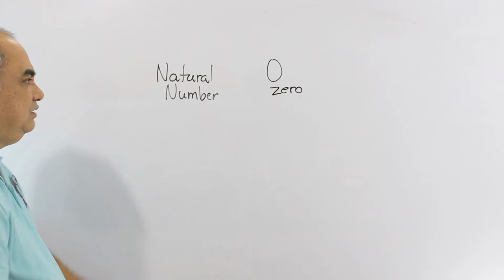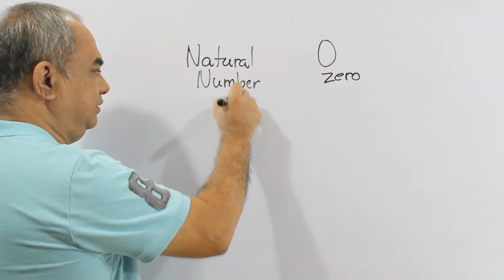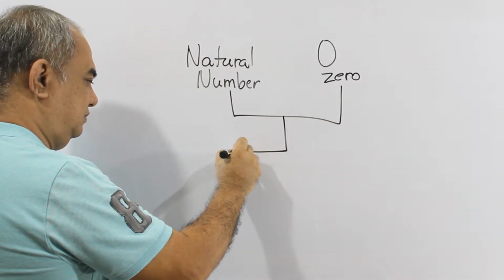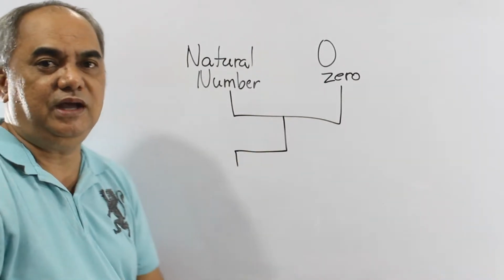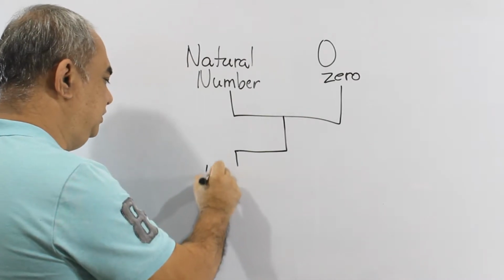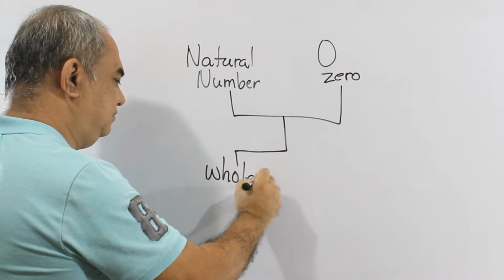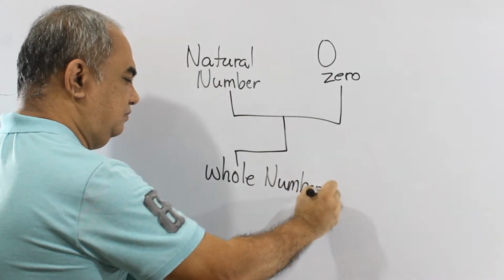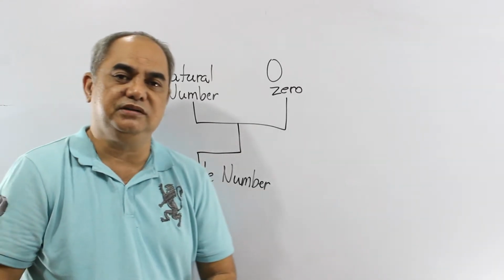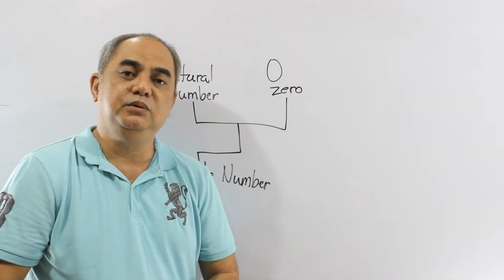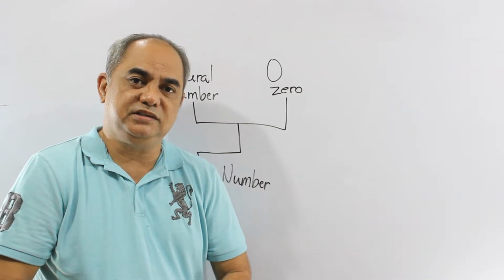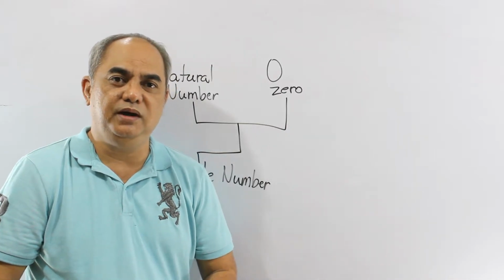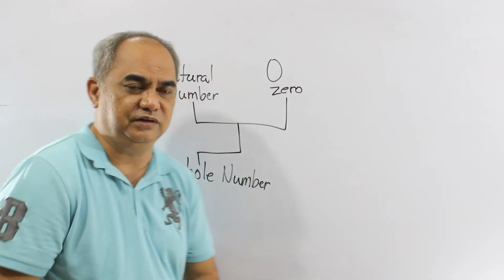After the natural numbers, when we put them together with 0, we can now have what is known as the whole numbers. In other words, whole numbers are numbers starting from 0, then 1 to infinity. So 0, 1, 2, 3, 4, and so on and so forth.